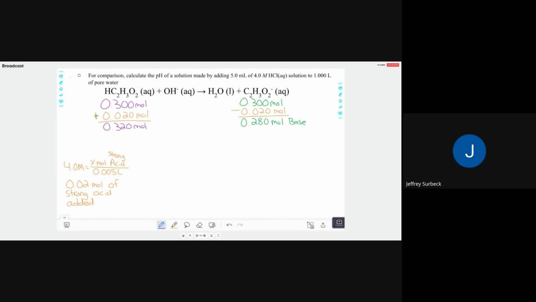And all we need to do is use the same Henderson-Hasselbalch equation. pH equals that pKa, which I gave you before as 4.74, plus the log of our base, which is now 0.28 moles, over our acid, which is 0.32.